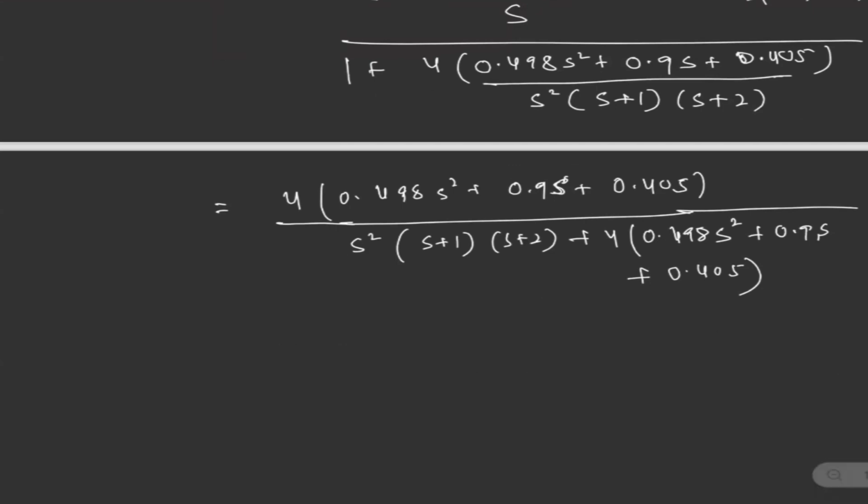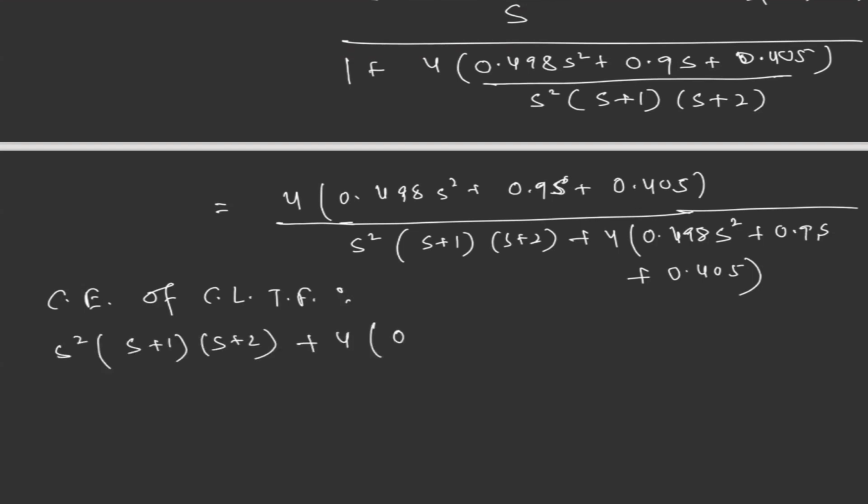So the characteristic equation of this closed loop transfer function is s squared (s plus 1)(s plus 2) plus 4 into (0.498 s squared plus 0.9 s plus 0.405) equal to 0.